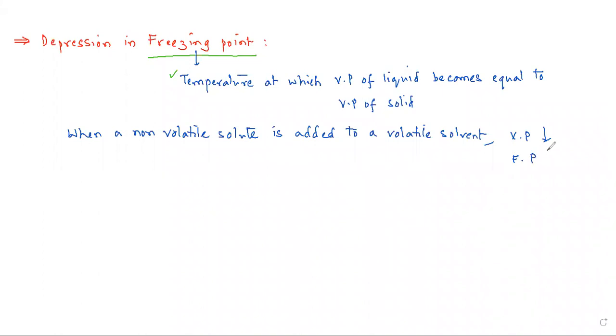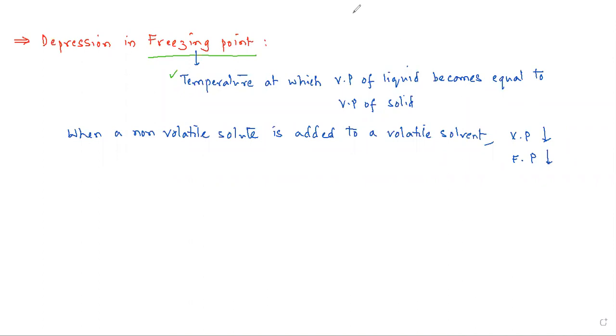So even the freezing point also decreases because vapor pressure and the freezing point are directly proportional to each other. So vapor pressure decreases, even the freezing point also decreases.